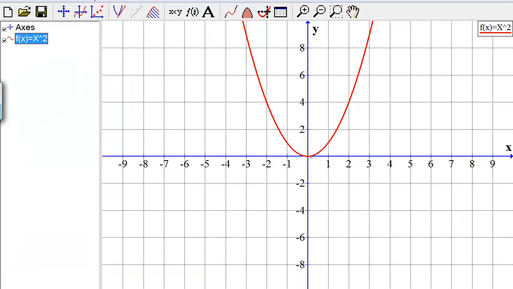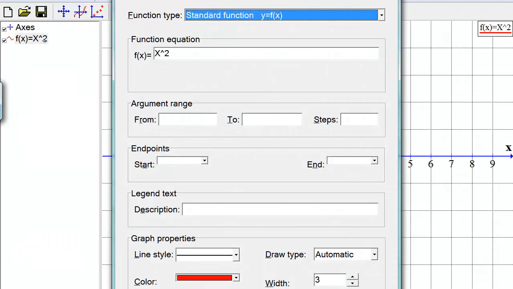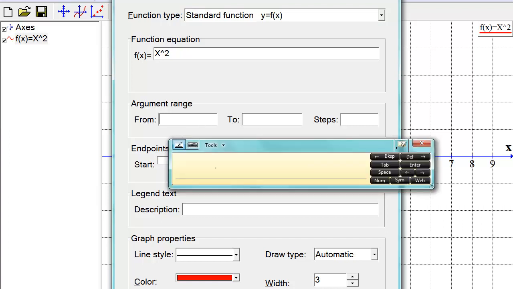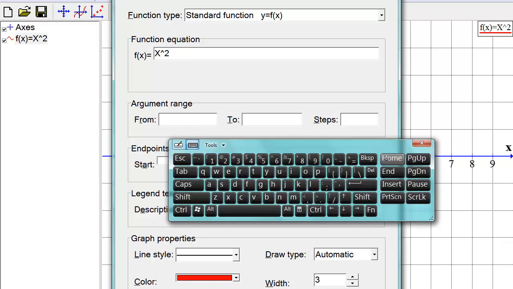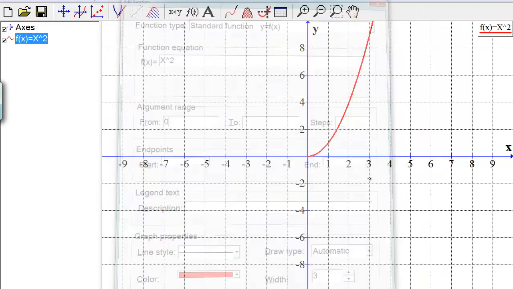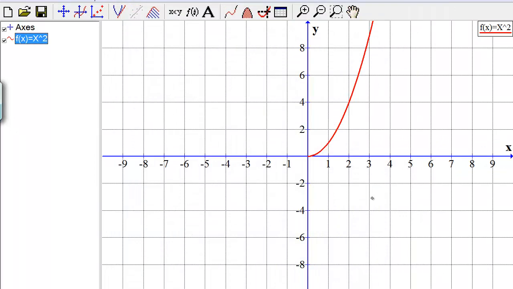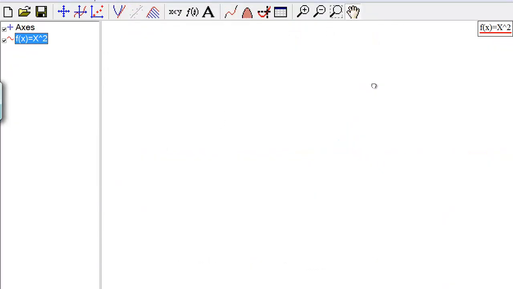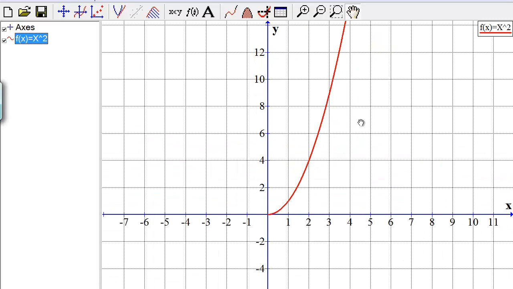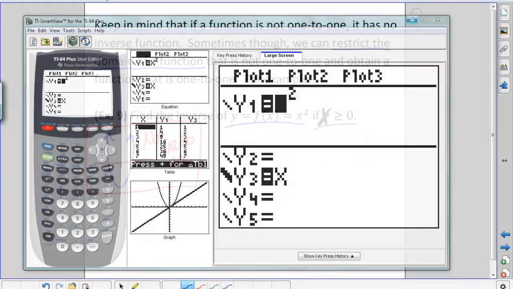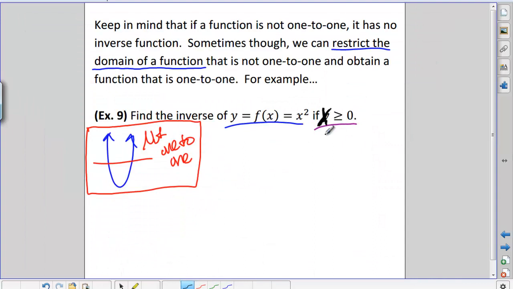We're just going to get rid of the part of the graph that sort of offends us, you could say. If we start this out and we're going to make that go from 0 on up. So we're basically just looking at this part of the graph right here. Now that is one-to-one, okay? And so that's the part of the graph we're interested in, and that's what we have when this thing says if x is greater than or equal to 0, okay?